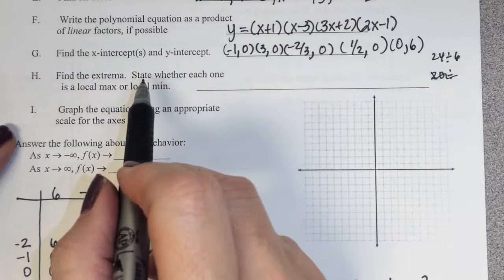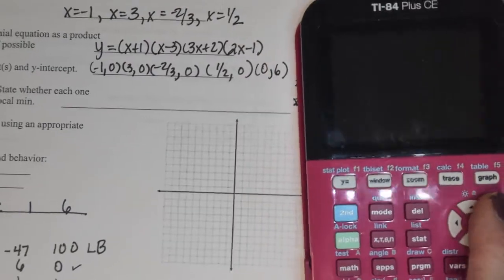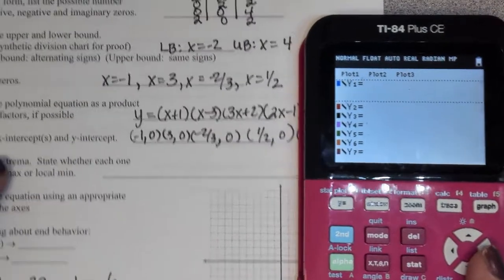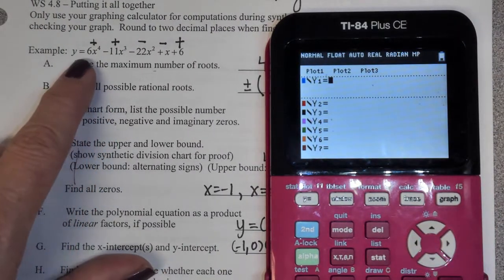Okay, find the extrema. This is what we need to use our calculator for. Before we start graphing, we should find the extrema so that we know how to put our axes, how to label them. So we're going to do 6x raised to the 4th minus 11x cubed.